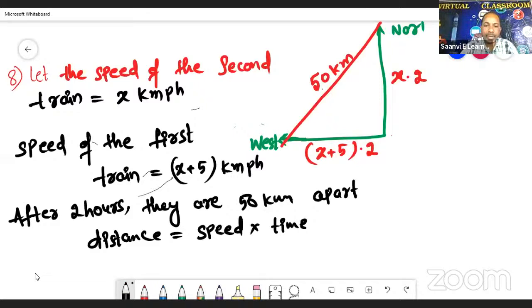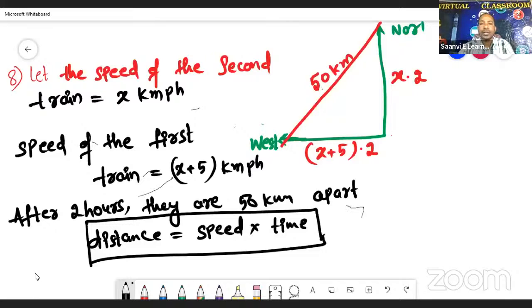Here, why we have taken into 2 means: the distance traveled by the first car, west side, with the speed x plus 5 and time 2 hours.